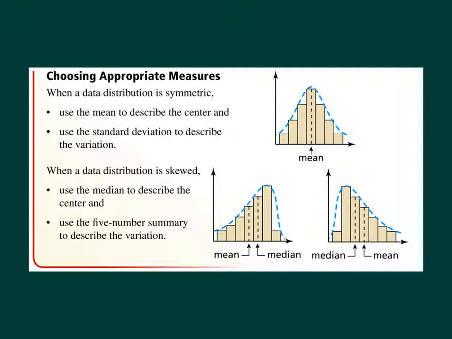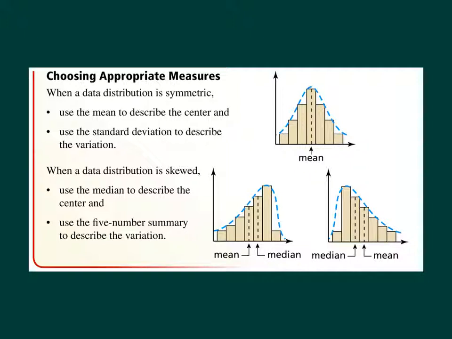It often will be very close to the median as well, but the mean, which should appear probably right in the center with the median, would be a good representative measure of center, and standard deviation or range or anything like that would be a good way to describe the variation. Standard deviation is a little bit more complicated to calculate, but if we have access to calculators or a spreadsheet, then it would be worth using that there.